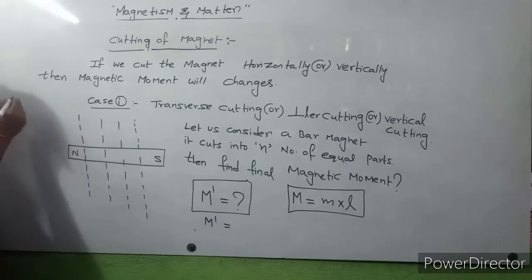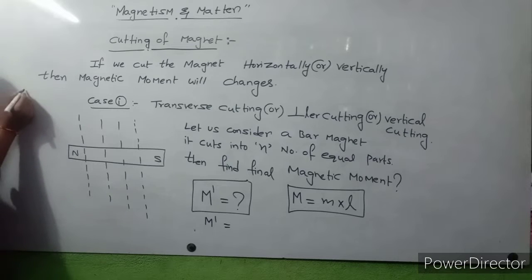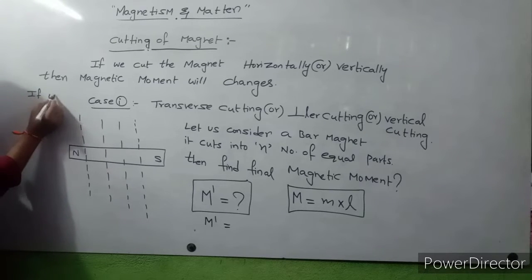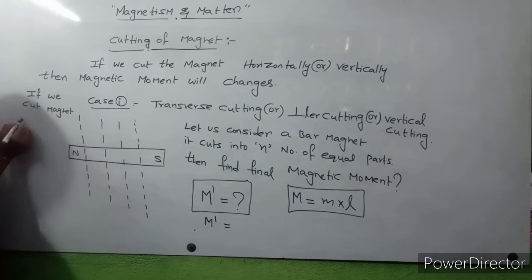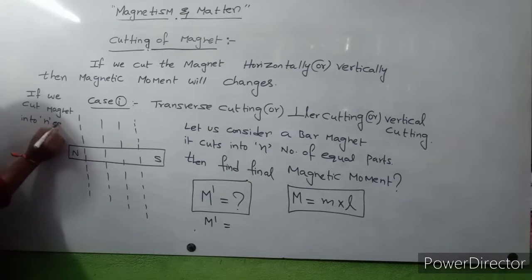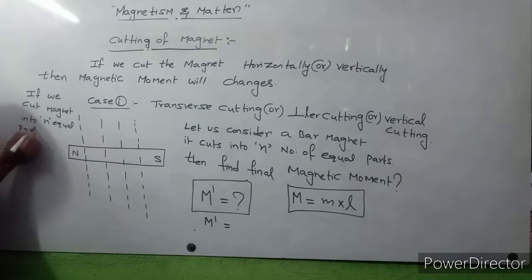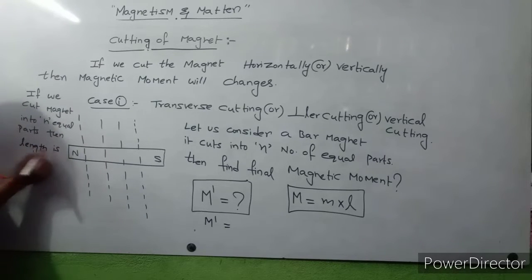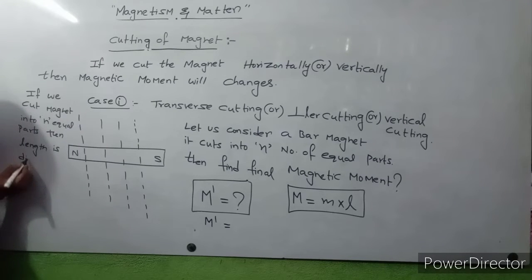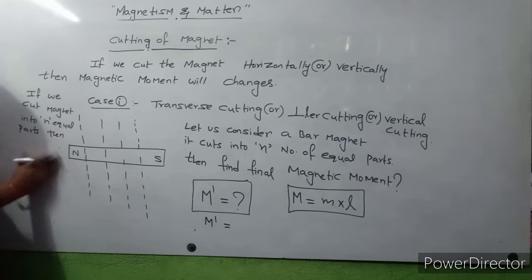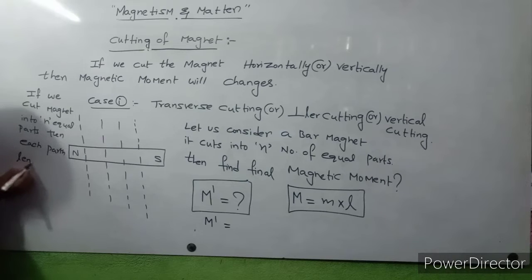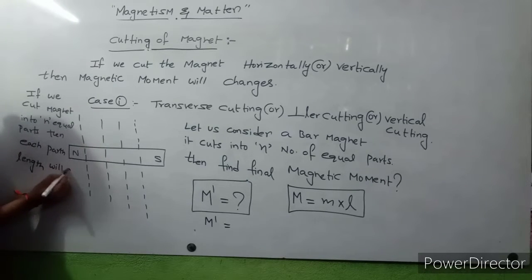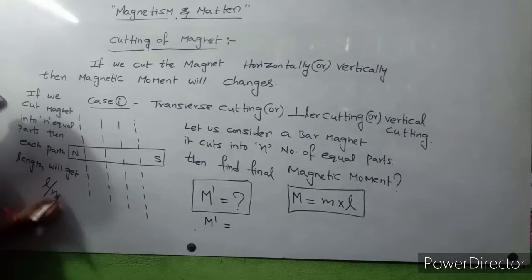So if we cut the magnet into n equal parts, then the length is divided, then each part length will get L by n.